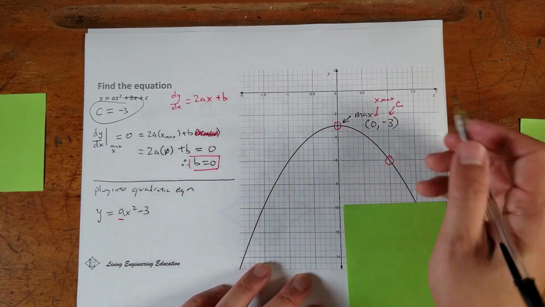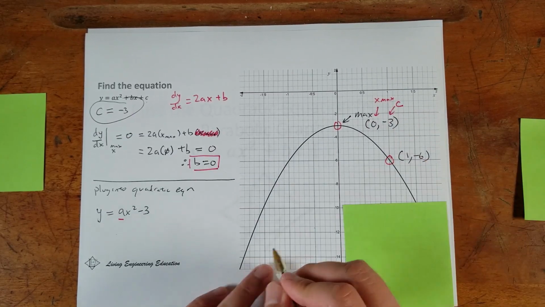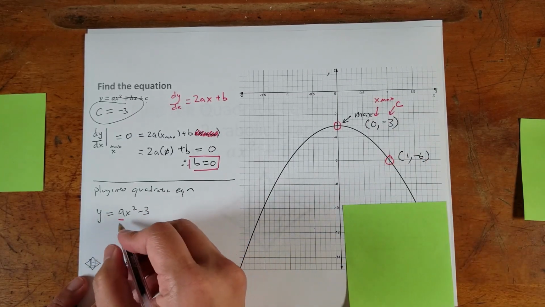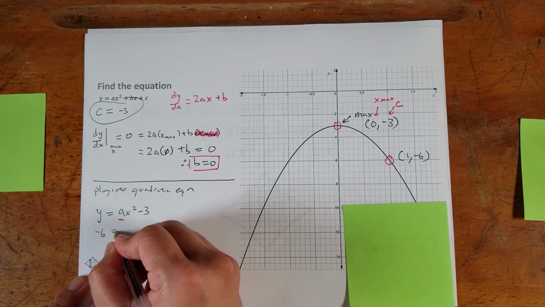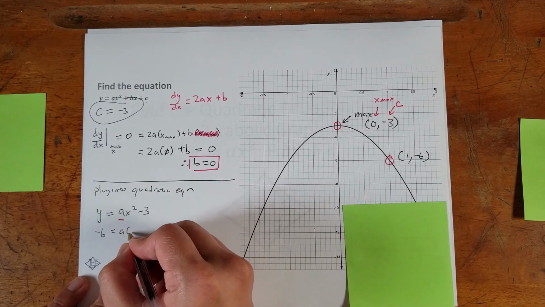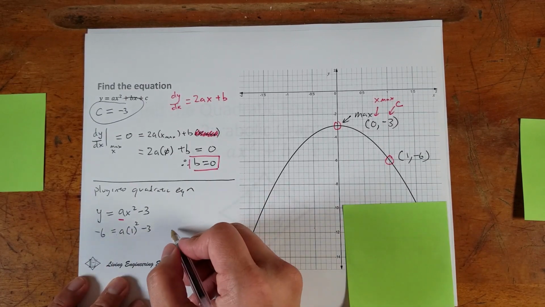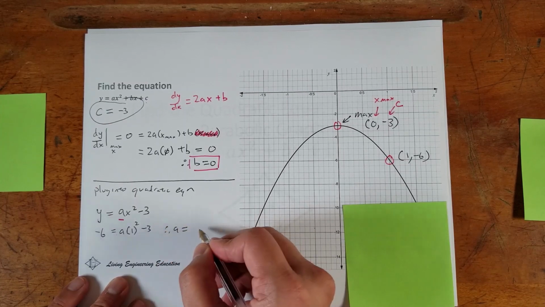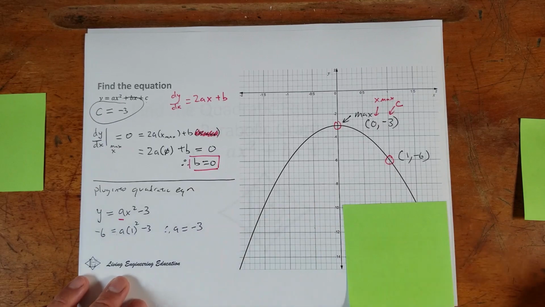Right here we have x is 1, y is -6. So let's plug that in here. y is -6, x is 1, and then what do we get? We get a is equal to -6 plus 3, so -3.